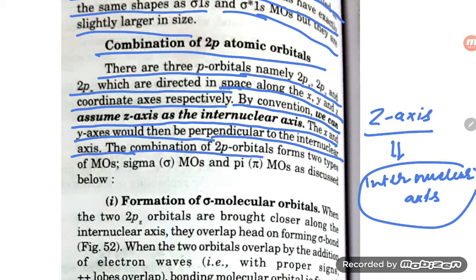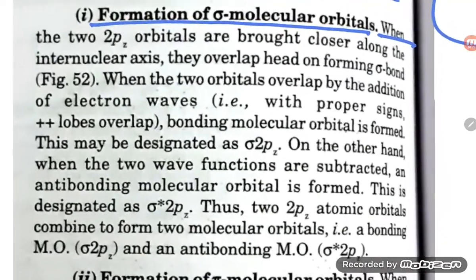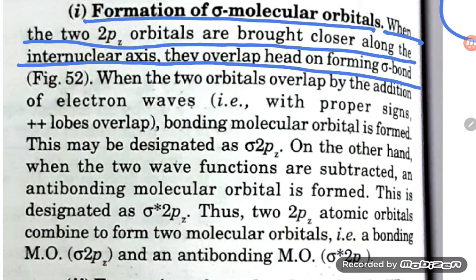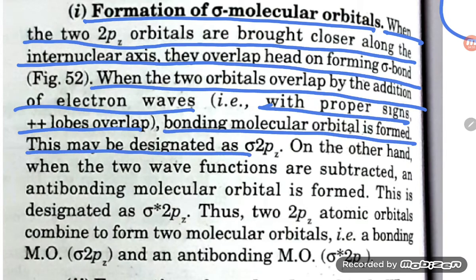The combination of 2p orbitals forms two types of molecular orbitals, sigma molecular orbital and pi molecular orbital, as discussed below. First, the formation of sigma molecular orbital. When two 2pz orbitals are brought closer along the internuclear axis, they overlap head on, forming a sigma bond. When the two orbitals overlap by the addition of the electron waves, with the proper sign, a bonding molecular orbital forms. This is designated as sigma 2pz.